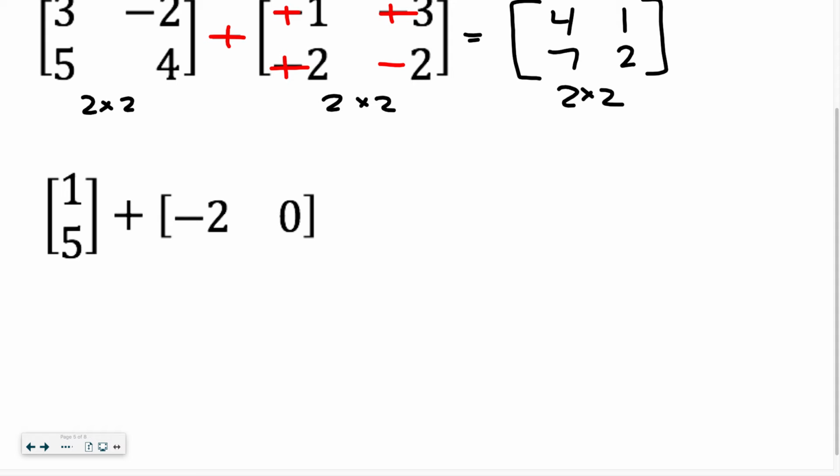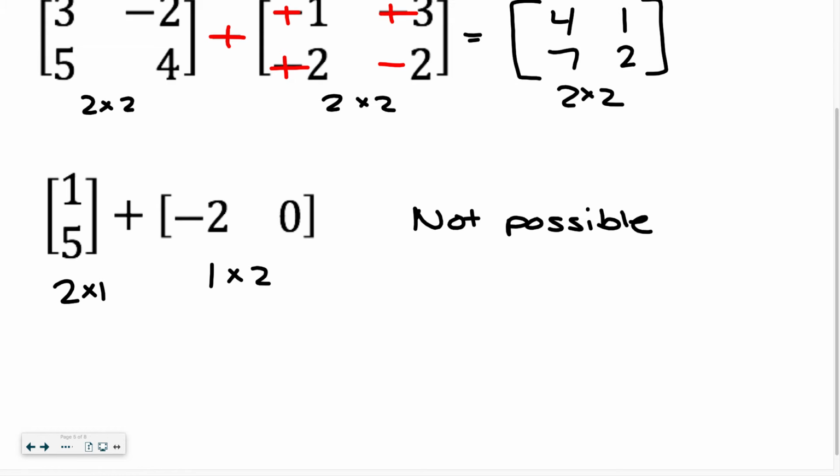Those are not the same entries. So if they don't have the same order, not possible. This one is a 2 by 1, and this is a 1 by 2. So what would the answer be? I don't know. I can't add them.